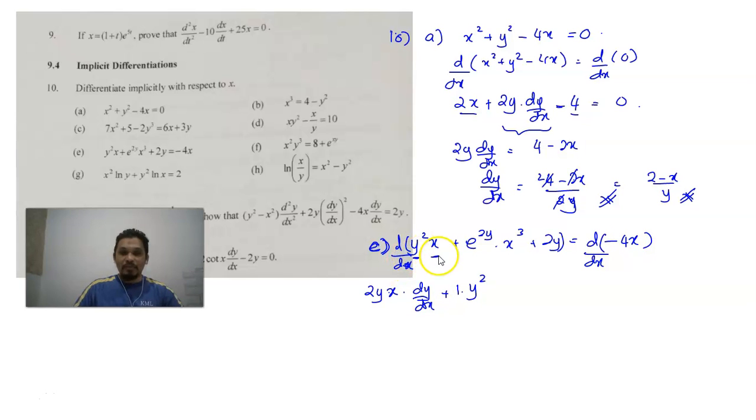So u prime v plus u v prime: 2y dy/dx, and x just following here.